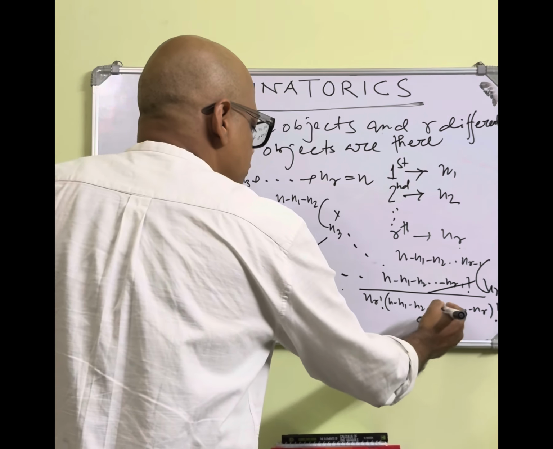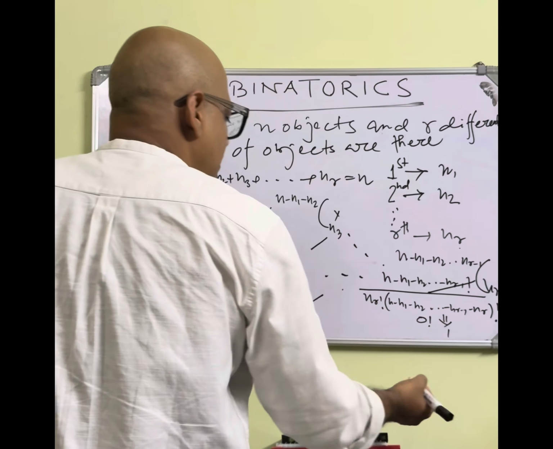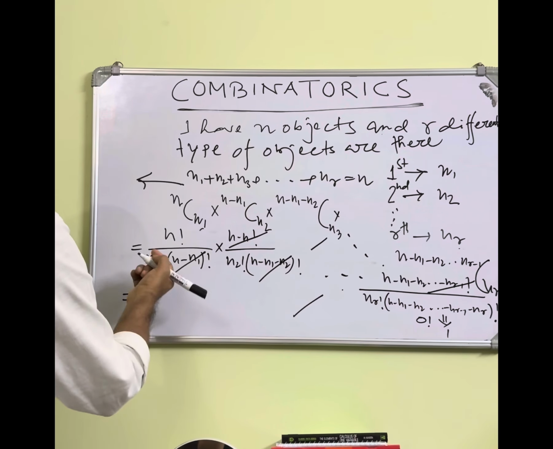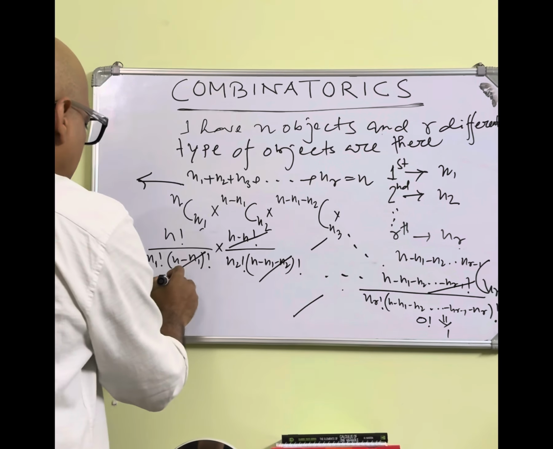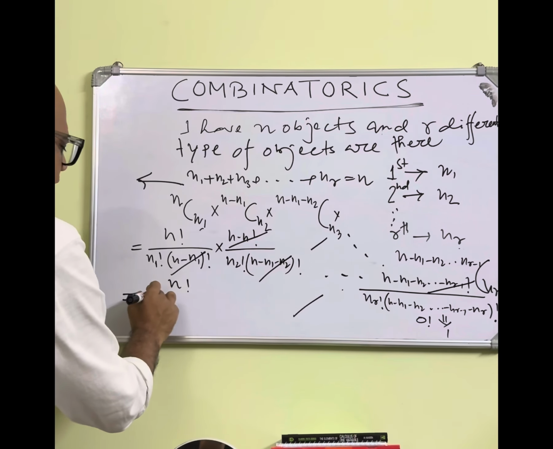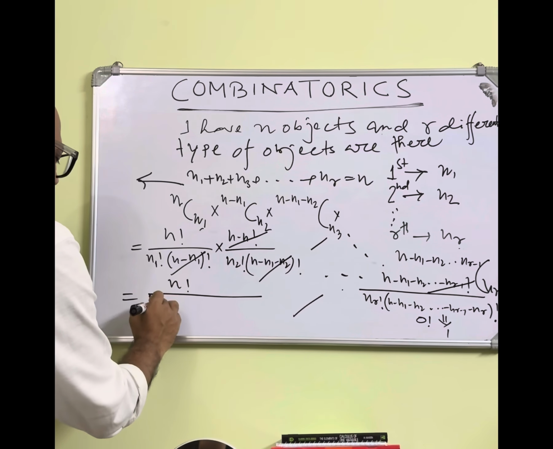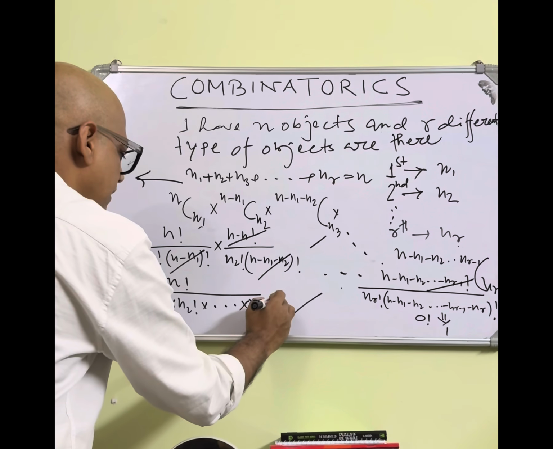Now let me write it here. In the numerator, what will be left? Only n factorial, and in the denominator, n1 factorial, n2 factorial, all the way till nr factorial.